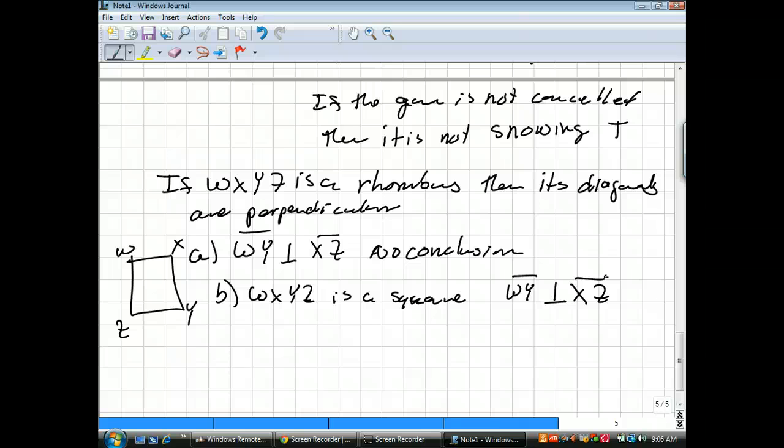Okay, C. If we know that the measure of angle XWY plus the measure of angle WXZ equals 100.